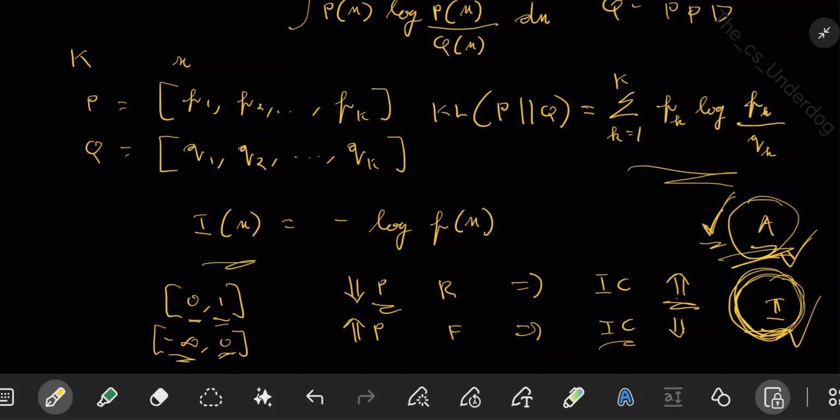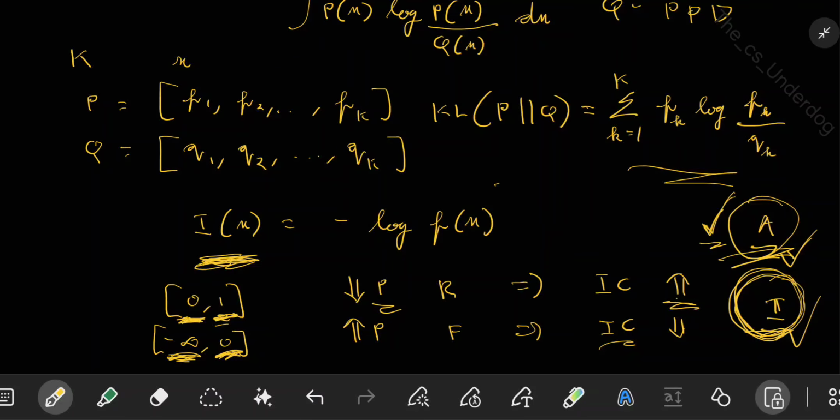Now think back. If you are having a very less probable event, you will have log p of x value very close to minus infinity. When you take negative of it, the value will be very high, which means the information content that you have, I of x, will take a very large positive value when your probability is very low. And whenever your probability is very high, probability value is near to 1, your log p of x will take a value near to 0, which means information content will be less.